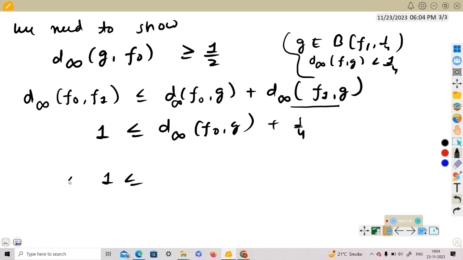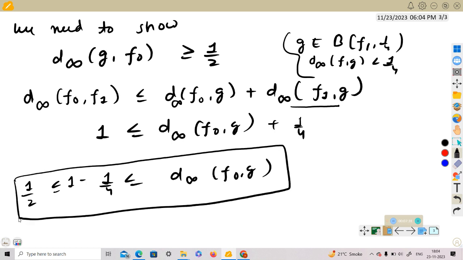Now this implies 1 minus 1/4 is less than d_infinity(f0, g), and this is greater than 1/2. So the distance between f0 and g is greater than 1/2.